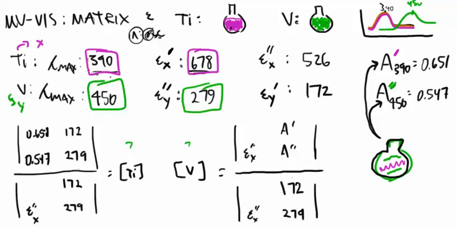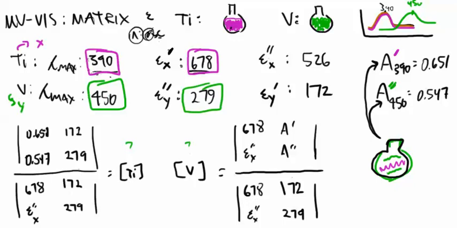E is molar absorptivity, X represents titanium, and prime means at titanium's wavelength. So this is our 678 number, E prime X. 678 goes here, there, and there.